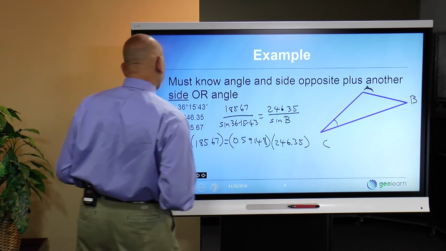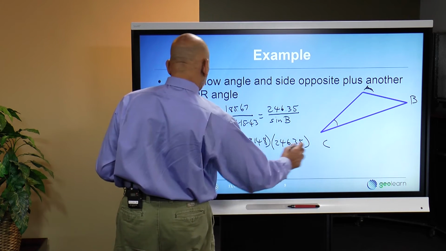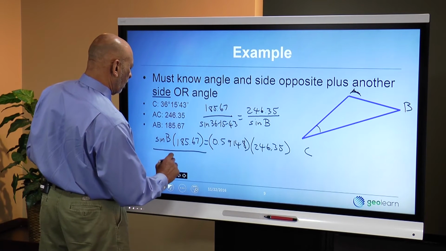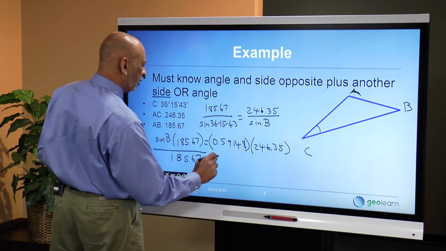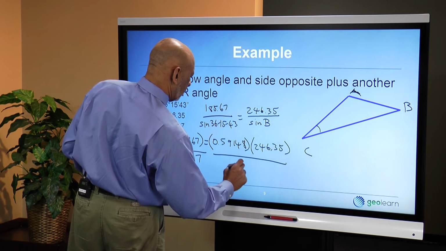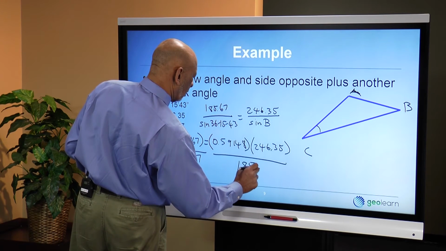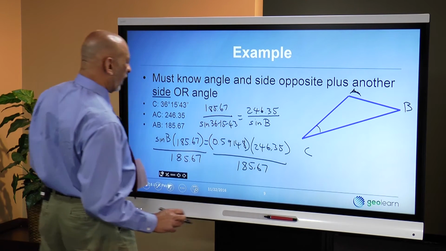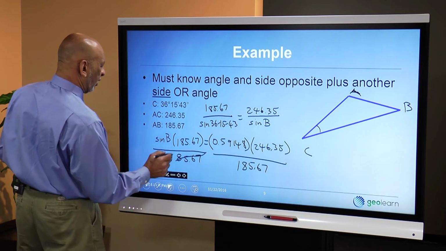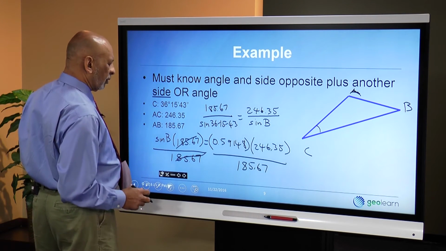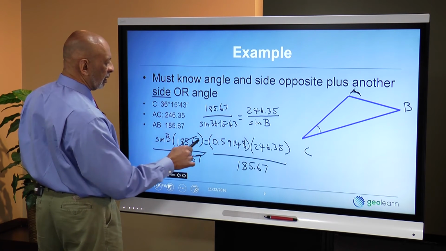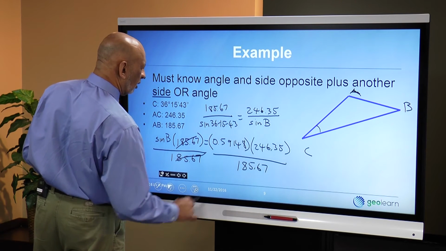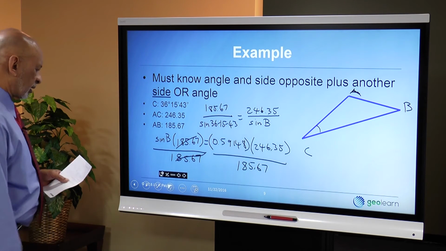And then to solve for this, you would divide both sides of this equation by 185.67. And if you did that, then this 185.67 cancels with the one above it. So we get on this side, the sine of B is equal to this number here. So you run through that relatively simple algebra.